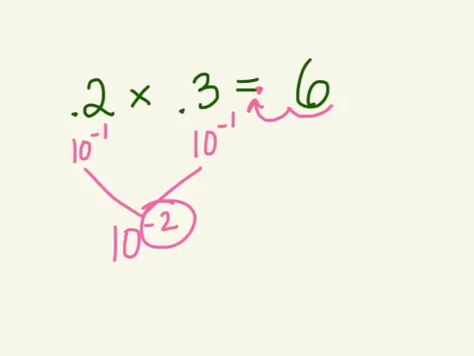Oh, I've got a gap. What goes in this gap? Well, this means it's going to be 6 hundredths, so we need a 0 in the gap. 2/10 times 3/10 is only 6 little hundredths.